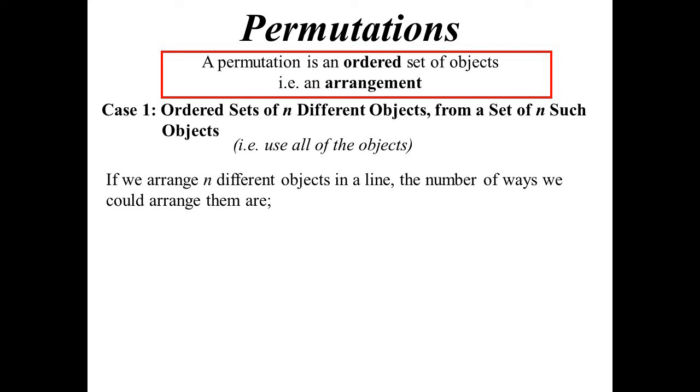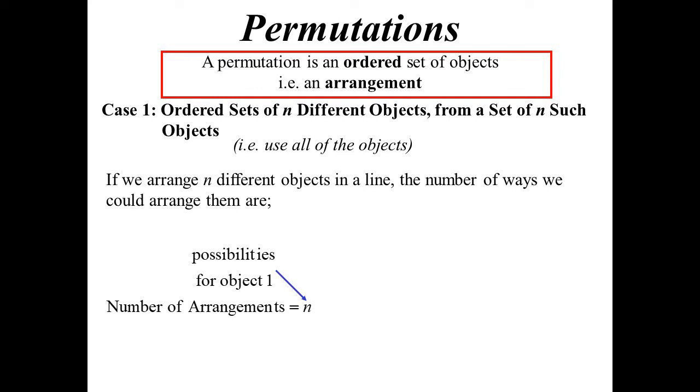Over in the corner over here, there are n different objects. We're going to get one of those objects and place it there. We're going to start our line. So the question is, how many ways? Well, there's n for me to choose from. So there's n different objects I could have put in that first place. Now I'm going to get the second one and put it in there.